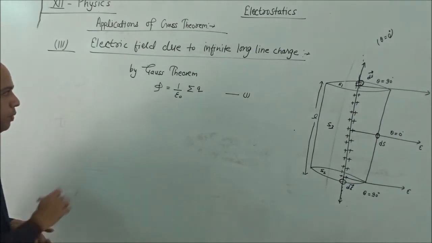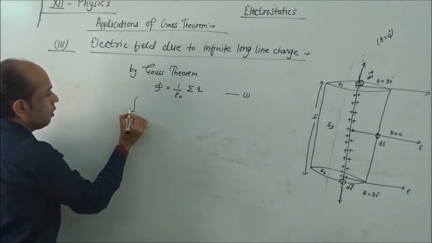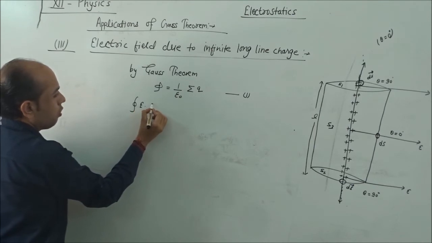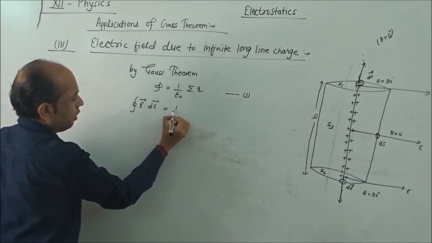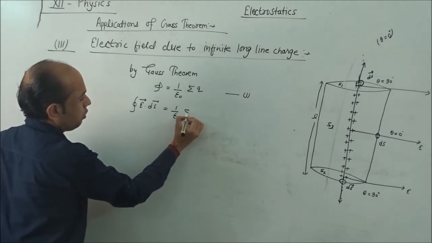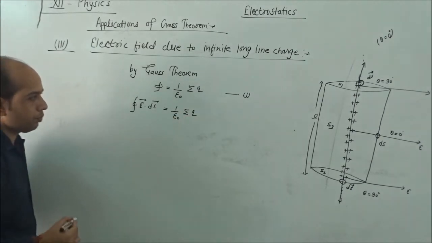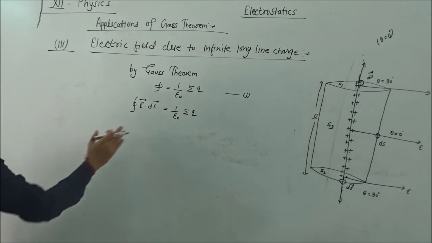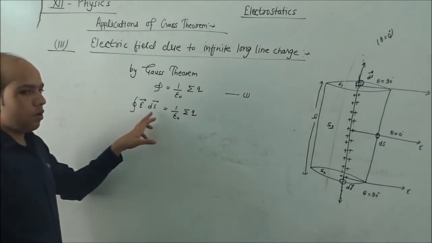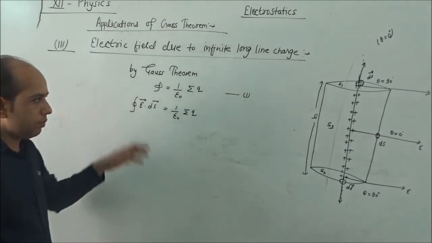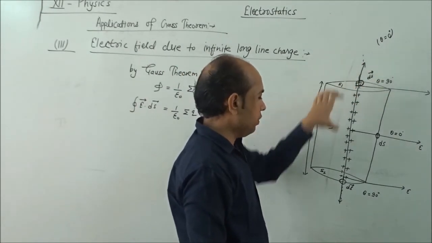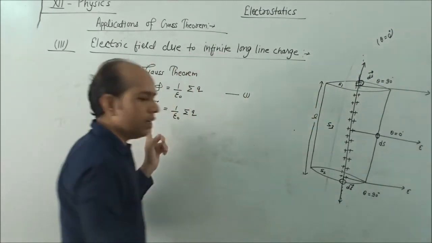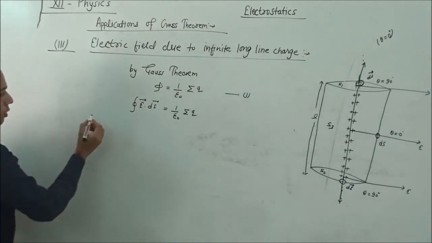Now phi is split into the integration of E dot ds along with the vector sign, equal to 1 upon epsilon naught and summation of Q. Now this E dot ds is flux. Now the flux from the cylinder has 3 parts, S1, S2 and S3.